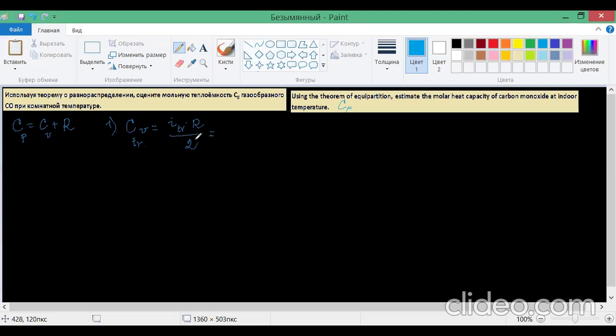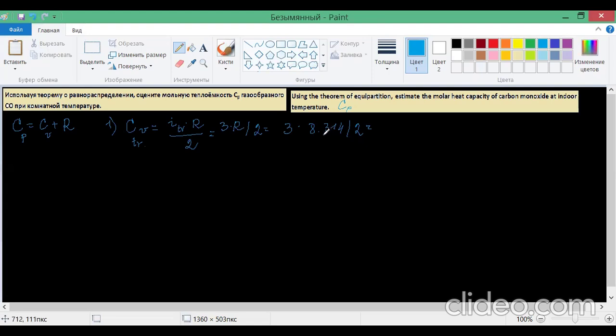And we remember that for molecules of any type, I is the degree of freedom of translation movement, right? And it's equal to 3. 3 times R over 2. And now instead of R, we plug in its value, 8.314 over 2.